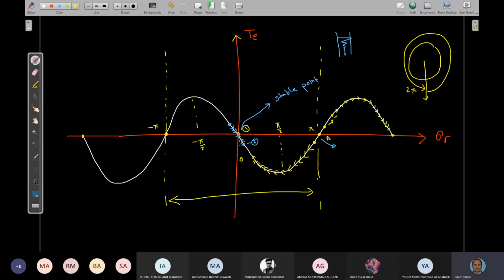This point and this point are the same. 0 and 2 pi. So this is the definition of the positive torque, negative torque, the stable point, and the unstable point. Another thing: the average value of this torque is 0. So this is called pulsating torque.